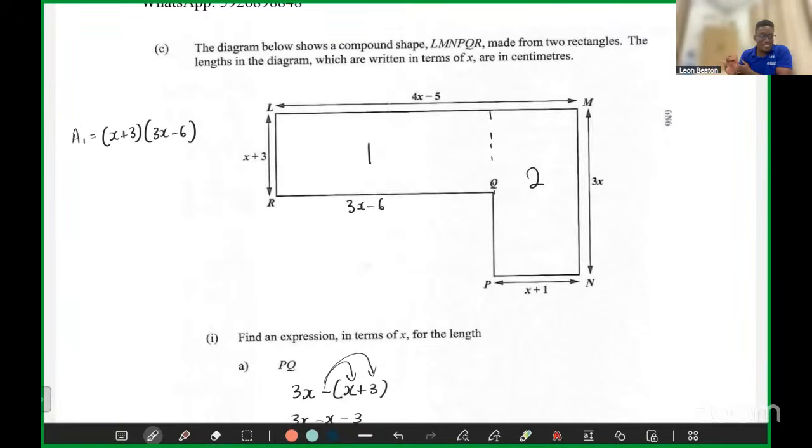You can see we've used it so many times. If you didn't know to use the distributive law, then you can't answer these questions. So you need to be solid with it. So I'll take the first term, which is x, multiplied by 3x minus 6, and then the second term, which is plus 3 multiplied by 3x minus 6.